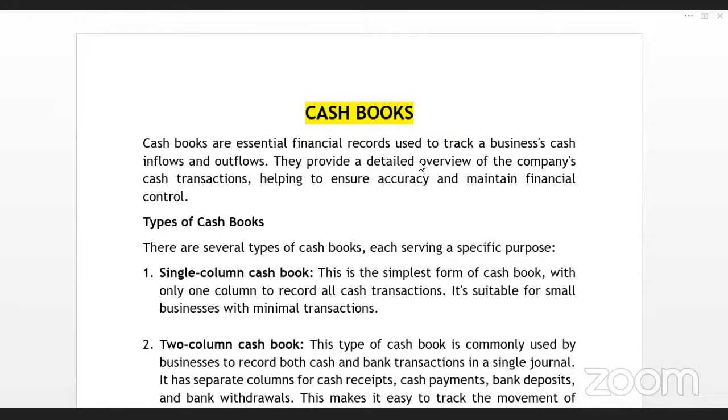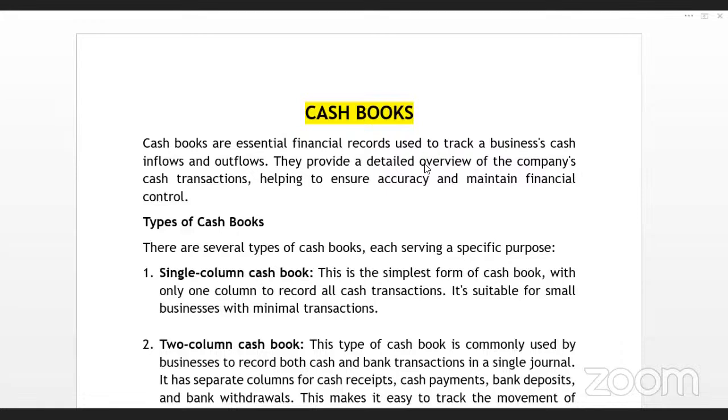We need to really understand what a cash book is and what the different types of cash book are. Of course, we have several types of cash books, and after that we shall see how to prepare all these cash books one by one.